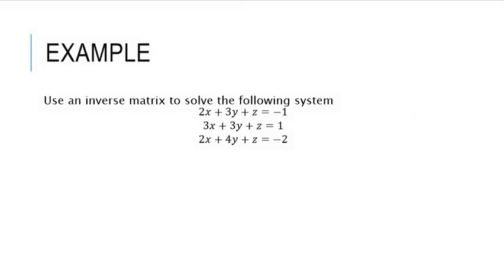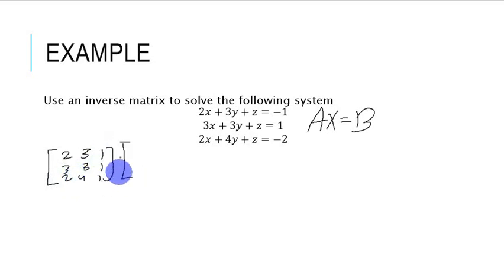Let's have an example. We are asked to solve this system using an inverse matrix. So first, let's write it in the form Ax equals B. That would mean we'll have 2, 3, 1, the coefficient matrix, 3, 3, 1, then 2, 4, 1, multiplied to its variables, x, y, z, is equal to negative 1, 1, negative 2.